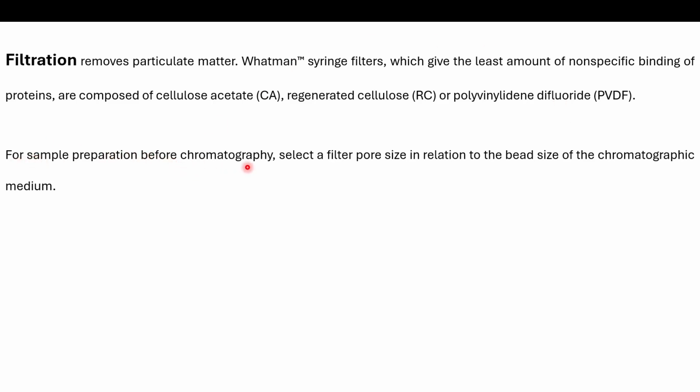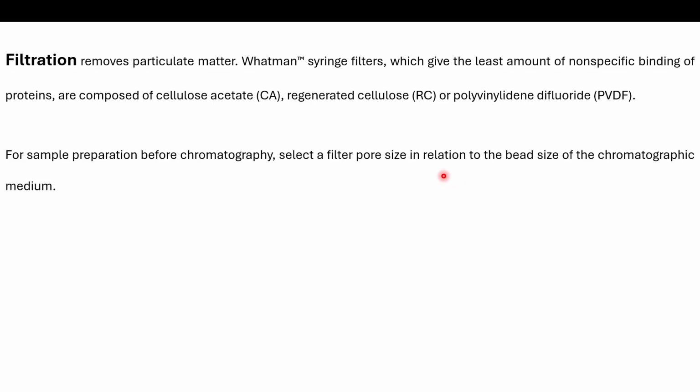For sample preparation before chromatography, we should select a filter pore size in relation to the bead size of the chromatographic medium. The chromatographic resin has a particular bead size, and the particles or other contaminants shouldn't be of such a size that they hamper the bead packing or the matrix packing of the resin inside the column.